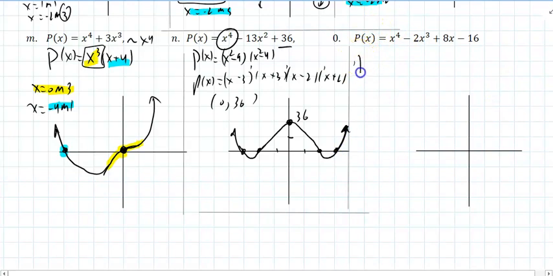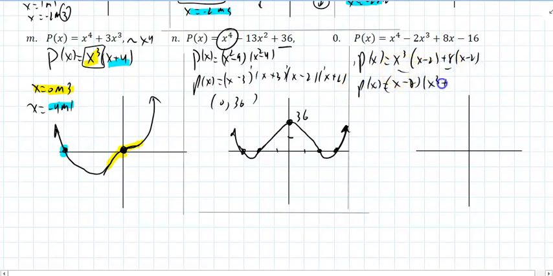And how about this? If I factor x cubed out of that, 8 out of that, that would be x minus 2, and this is x cubed plus 8, x minus 2. This is x plus 2 into x squared minus 2x plus 4.